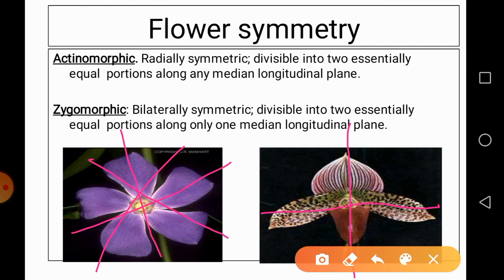So in case of zygomorphic, only one median along this longitudinal axis will be possible. And the third one is asymmetrical flower. So this is a flower you can't divide into two equal halves by any vertical division. If you cut from any direction, you will not get a symmetry, then it is called as a asymmetrical or irregular flower.